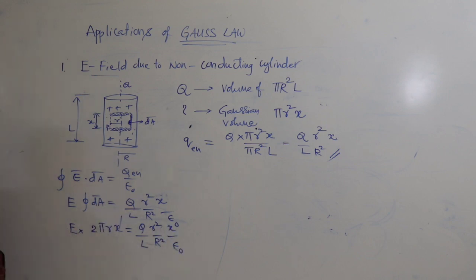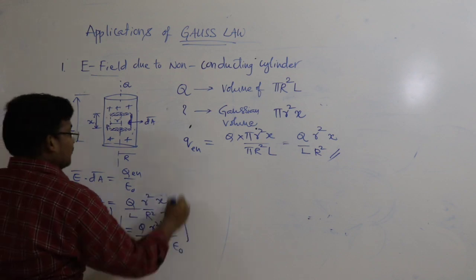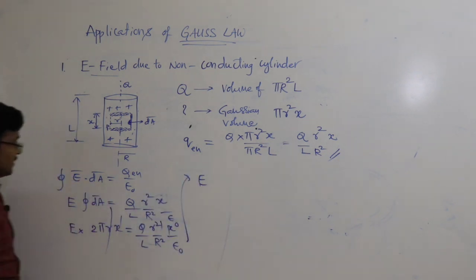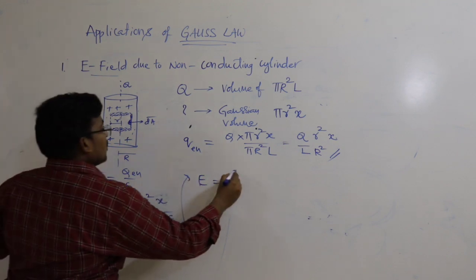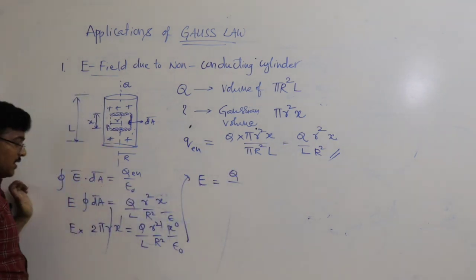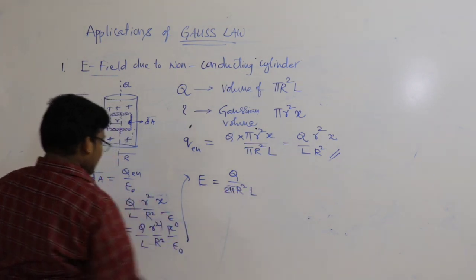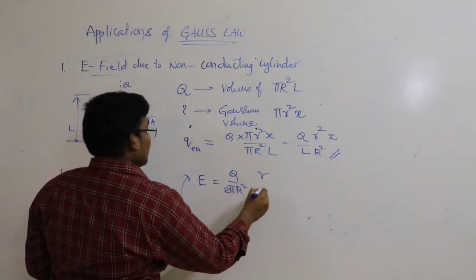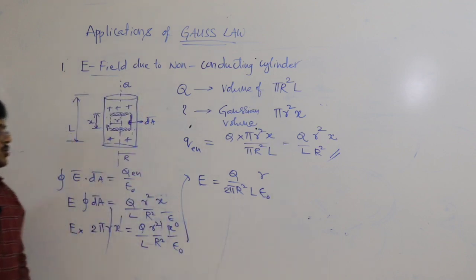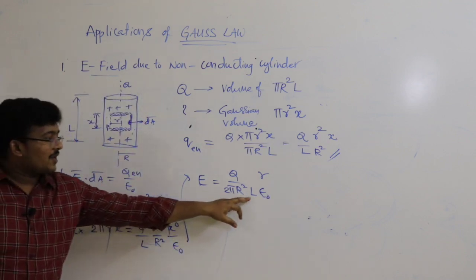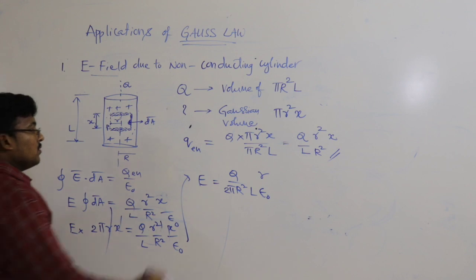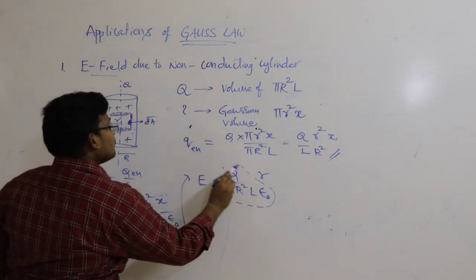You know that x cancels, and r one time cancels. So 2 pi on this side, then the electric field you may get as E is equal to capital Q by 2 pi capital R square L into small r. So anyhow 2 pi R square L epsilon naught is constant.